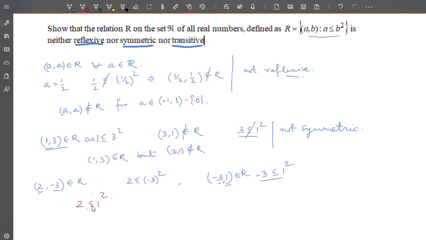Is it true? No. What does it imply? (2, 1) doesn't belong to R. So (2, minus 3) belongs to R, (minus 3, 1) belongs to R, but (2, 1) doesn't belong to R. So this relation is not transitive as well. This shows not transitive.